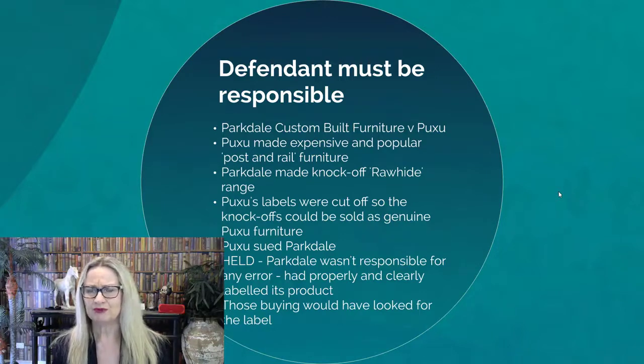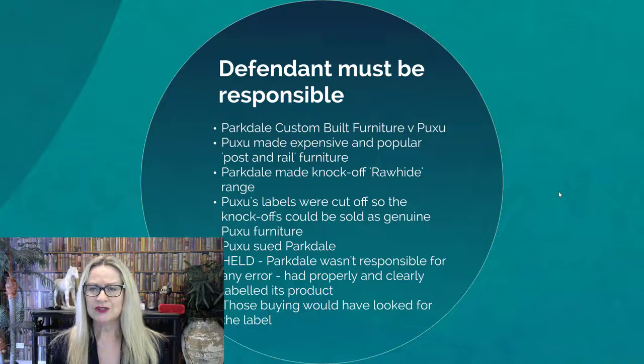No real shame in that in terms of emulating others for their business success, I guess. Puxu's labels, however, were cut off by some rather naughty retailers so that the knockoff furniture could be sold as the genuine furniture. Now, Puxu certainly were not very happy about that and sued Parkdale.